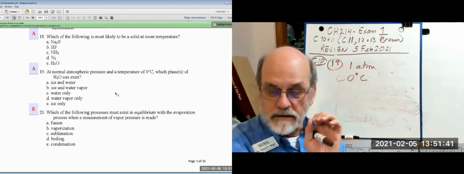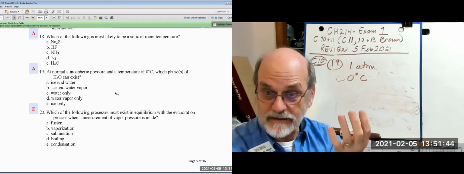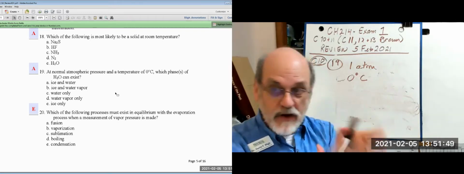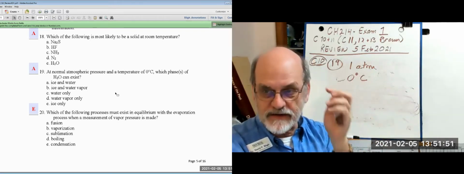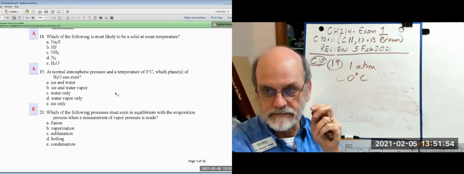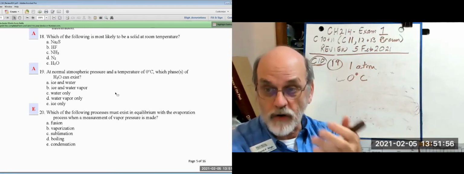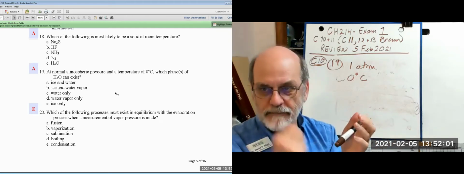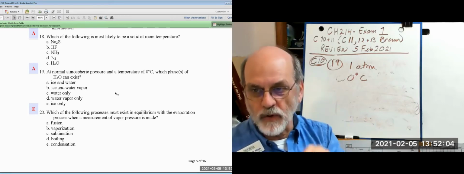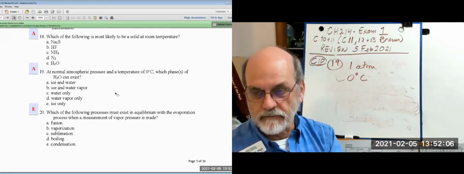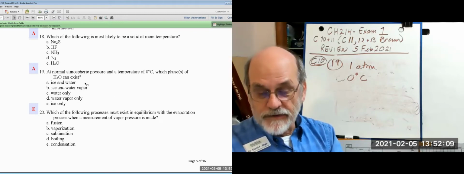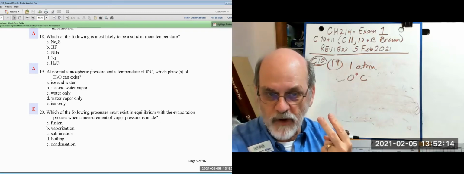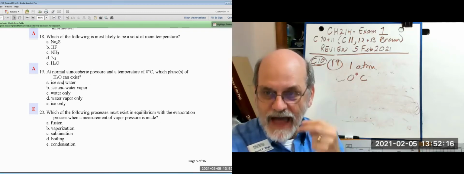If you have solid water, ice, and liquid water together, in equilibrium, so you've got both phases, and the water is pure, we haven't added anything to it, then you are at the freezing point of water, 0 degrees. So you have two phases present at this temperature and 1 atmosphere pressure. You have ice and water together.